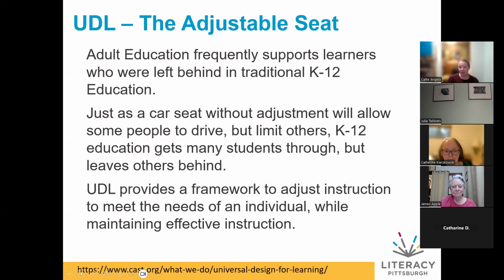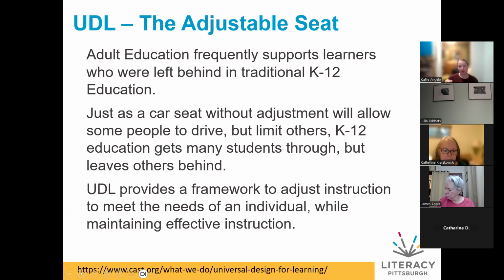So adult education frequently supports learners who were left behind in K-12 education for a number of reasons, right? And if we think about this metaphor of having an adjustable seat, if we're driving a car that cannot move the seat forward or backward, that's eliminating people by height.